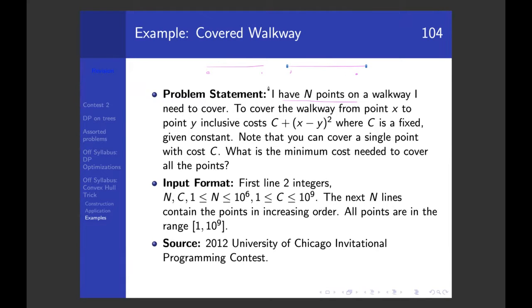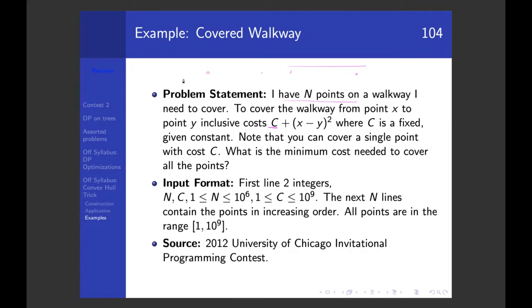However, the cost of building a line is some fixed c plus the length of the line squared. So if c is 10, and the length of the line is 2, it costs 4 plus 10, 14 to build this line here. And the question is, what is the cheapest cost to cover everything?